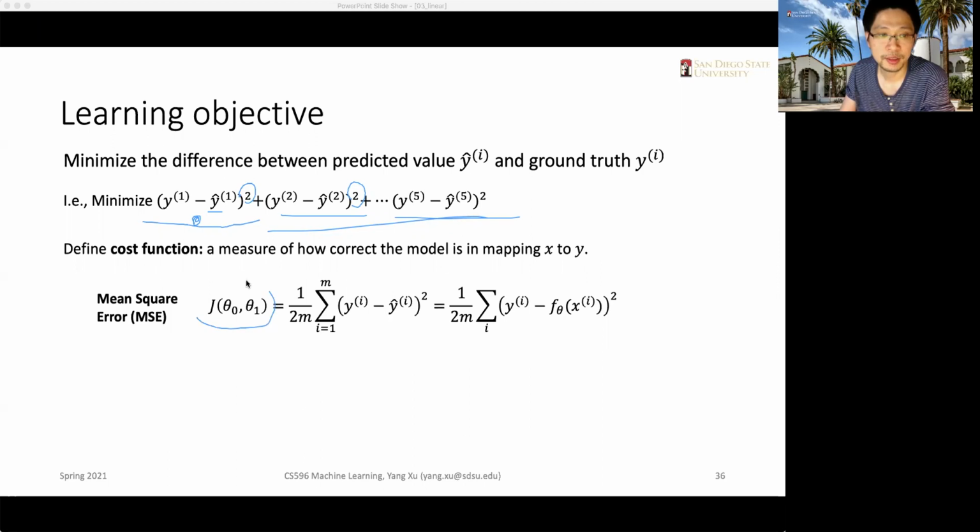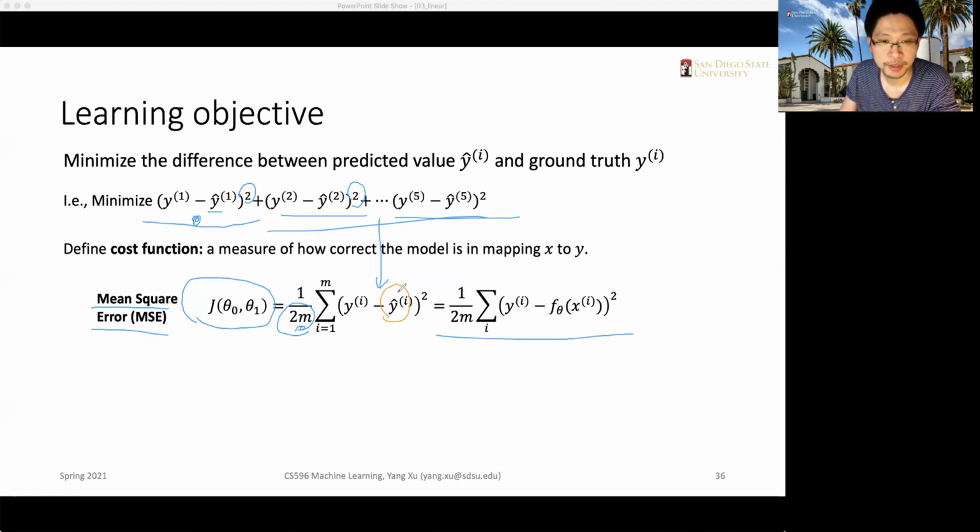This cost function J of theta 0 and theta 1 is defined as this sum of squares divided by 2m, where m is the number of instances. So it's basically the mean of the sum of squares, and in short we call it mean square error, MSE.